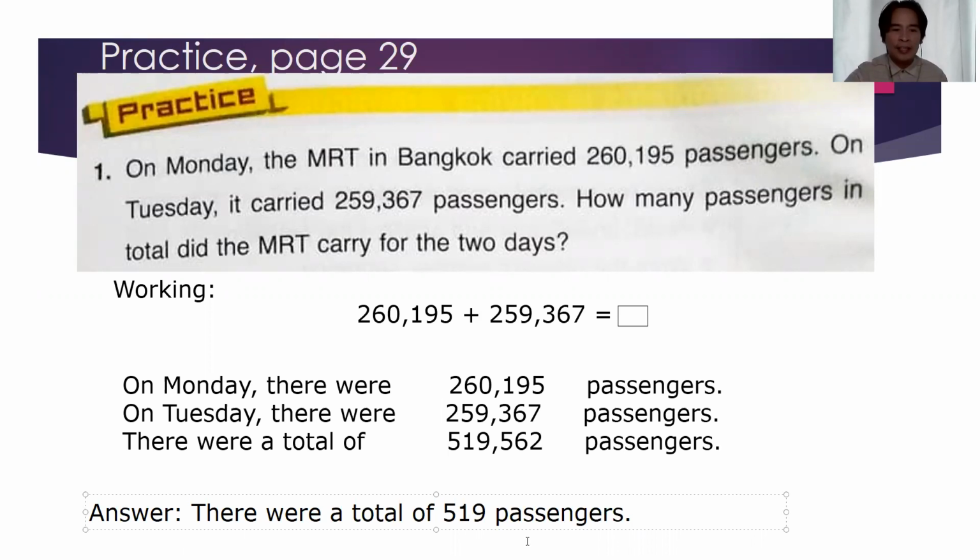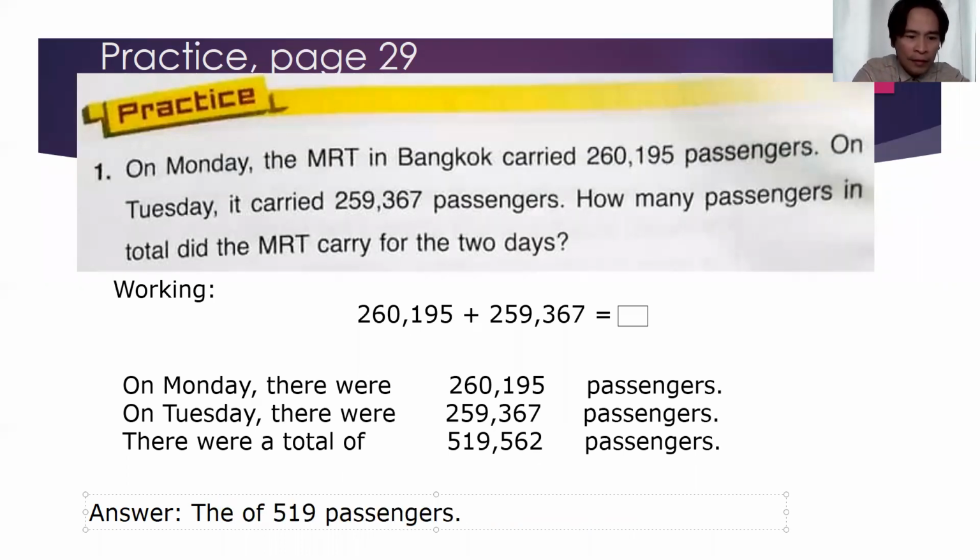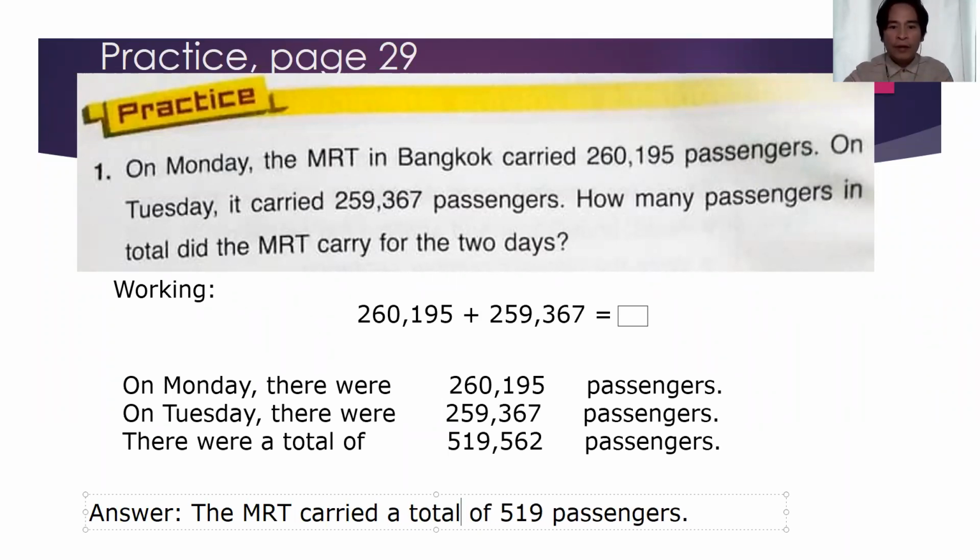You can actually change this answer, you can say the MRT carried a total of 519 passengers for the 2 days.